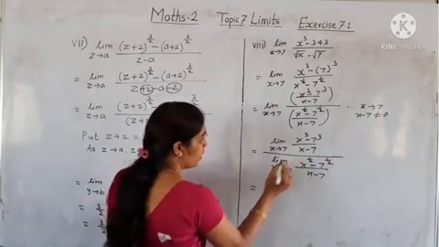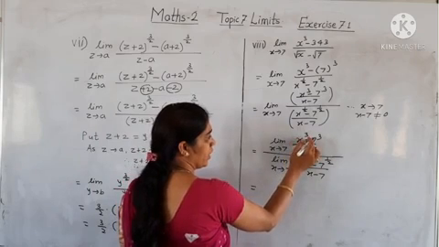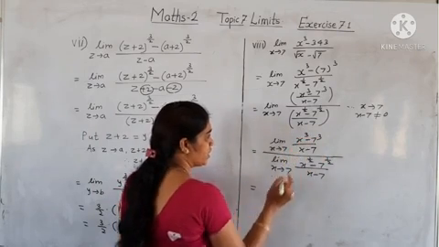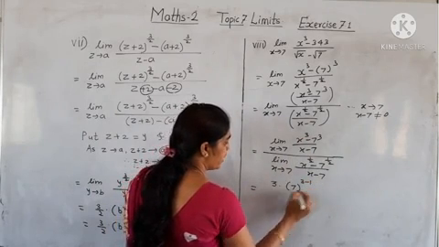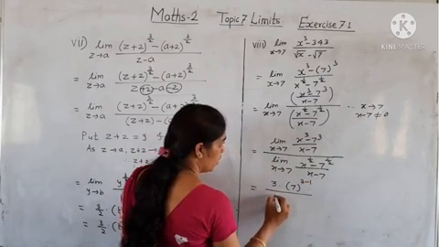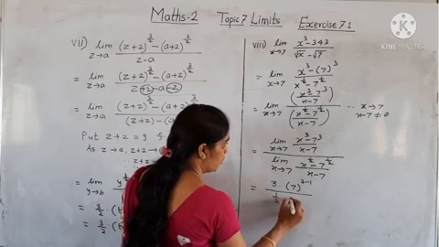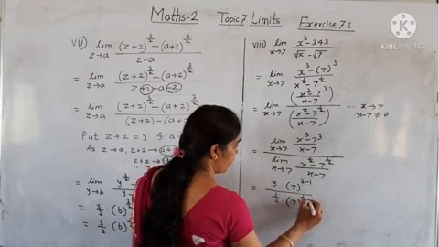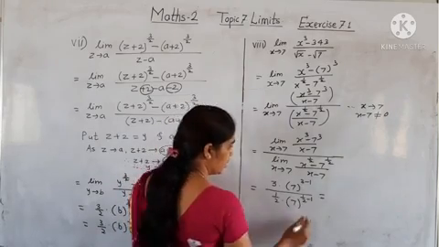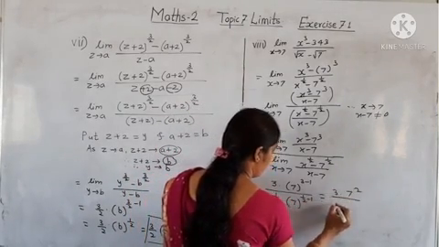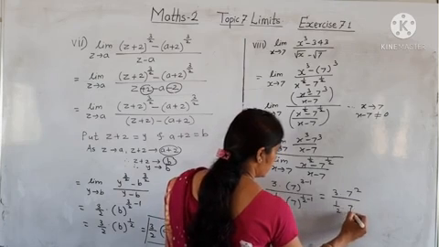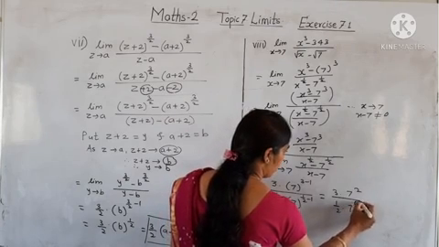Now apply the formula x raised to n minus a raised to n upon x minus a. 3 into 7 raised to 3 minus 1 upon half into 7 raised to half minus 1. That is, the answer is 3 into 7 square upon half into 7 raised to minus half.